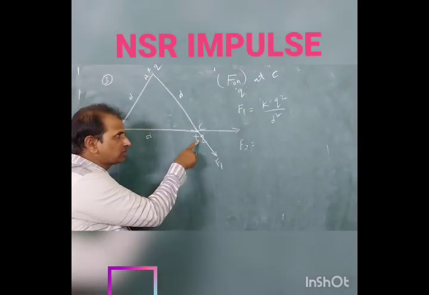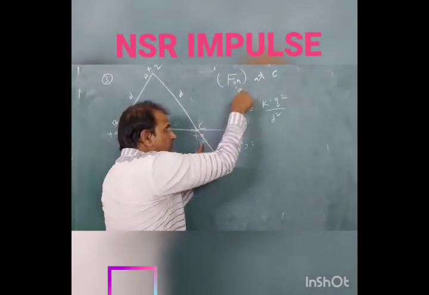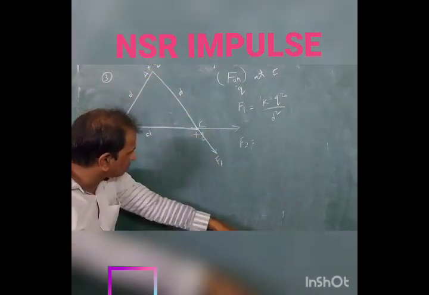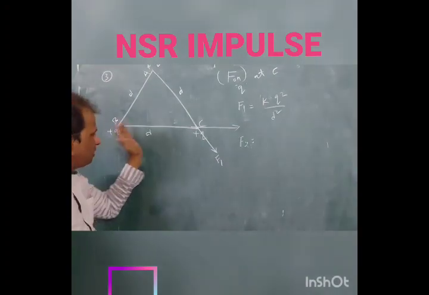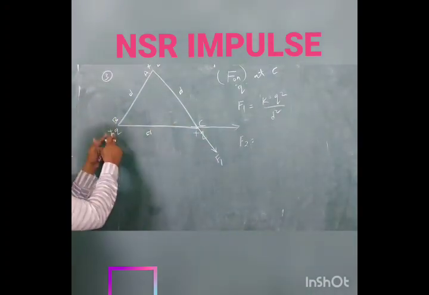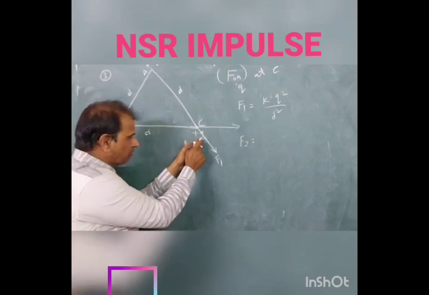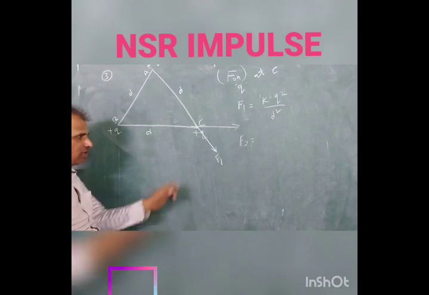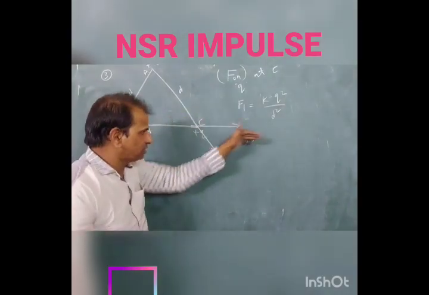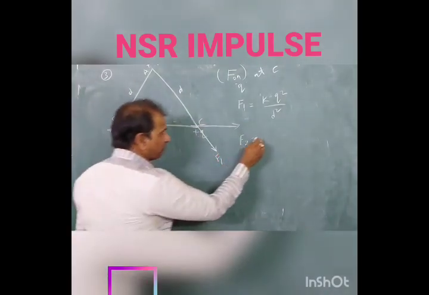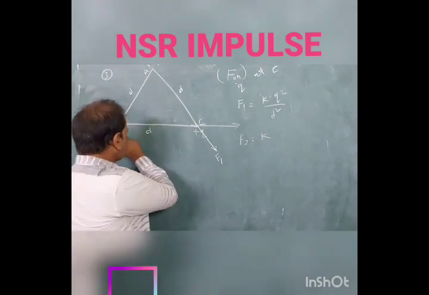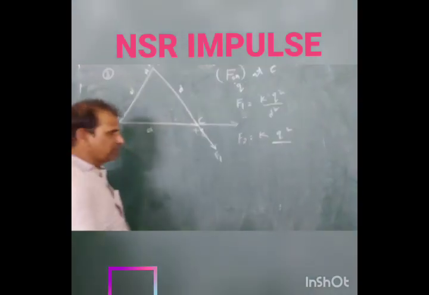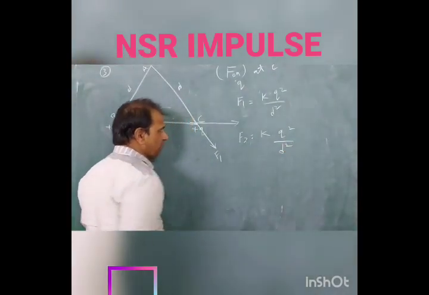Remember, we have to focus on this charge only because we have to find the force on Q kept at C. So this positive is repelled by this positive outside, and that force is F2, equal to K into the product of two charges Q square by the distance of separation D, which is D square.